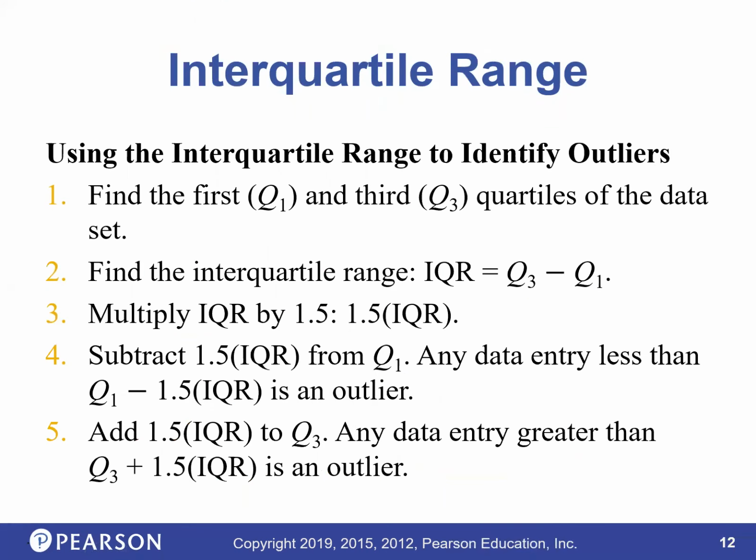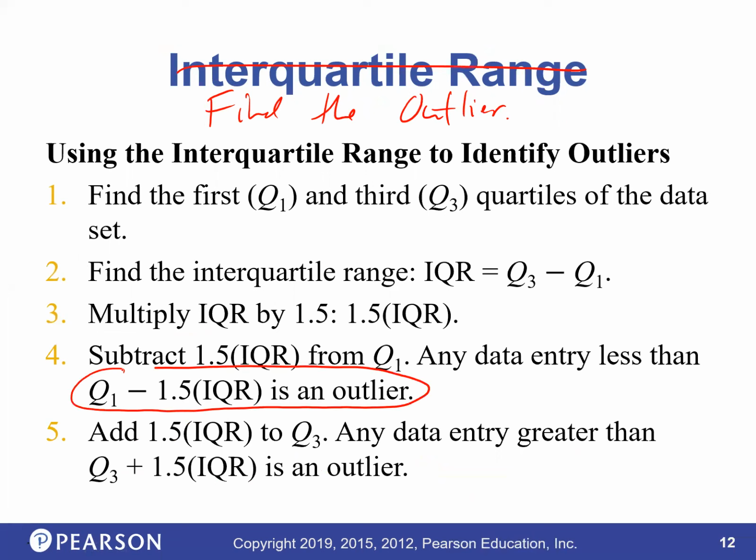Q3 and then add. So we just did this one to find the lower; we see if there are any lower outliers. This one will find out if there are any high outliers. What do you think we find?